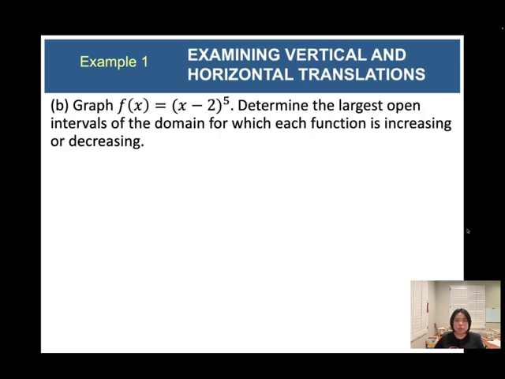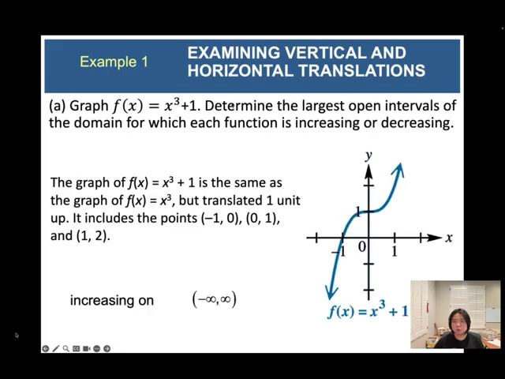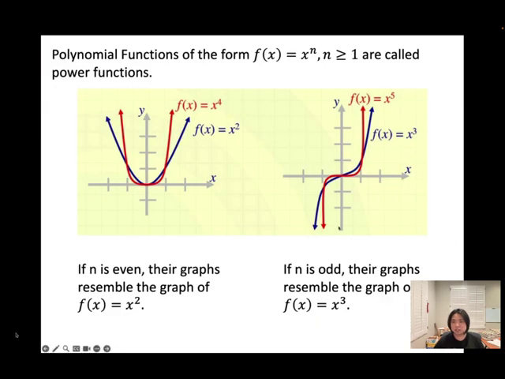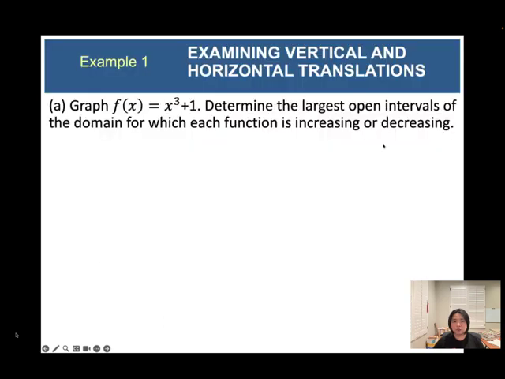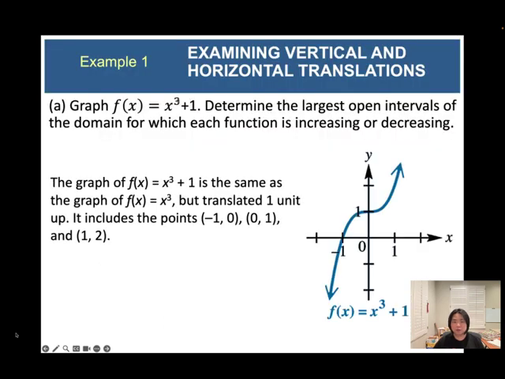Another one, x minus 2 to the power of 5. This is also an odd function. In the first example, we have x plus 1, so we shift upward 1 unit.